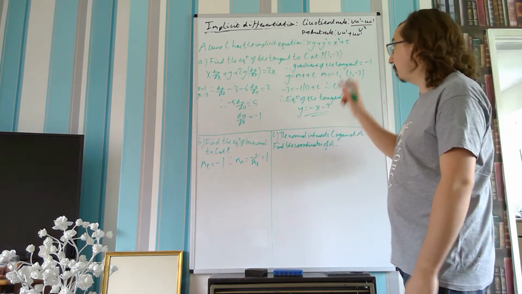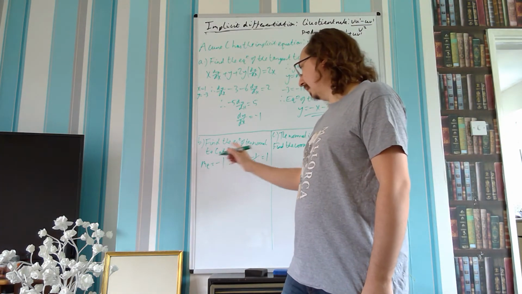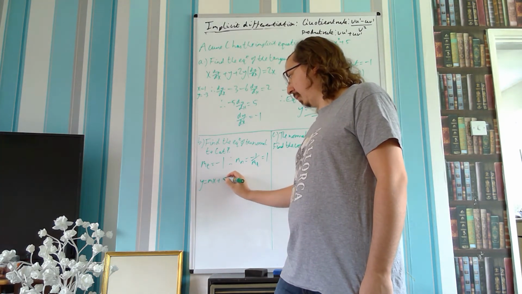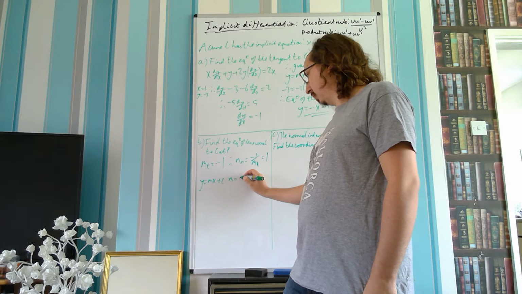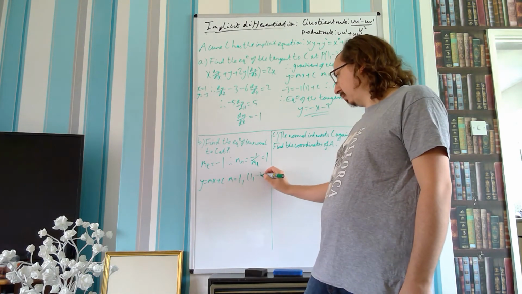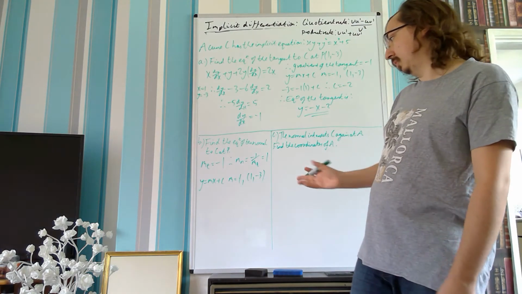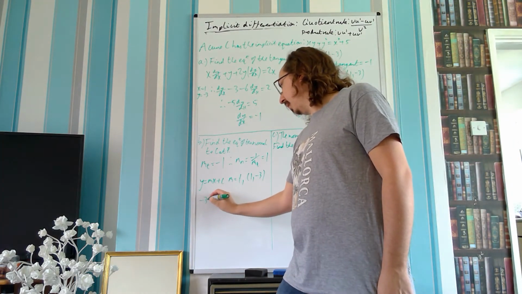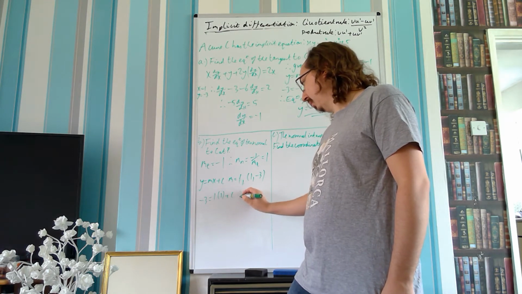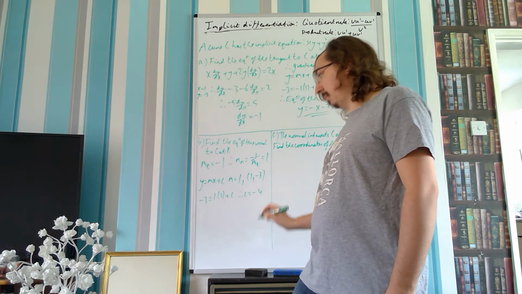Well, it's still at the point P, and it's a straight line, so we're still in the form y equals mx plus c. So the gradient is 1, P is at (1, -3), and all we need to do is substitute in. Minus 3 is equal to 1 times 1 plus c. c is equal to minus 4.